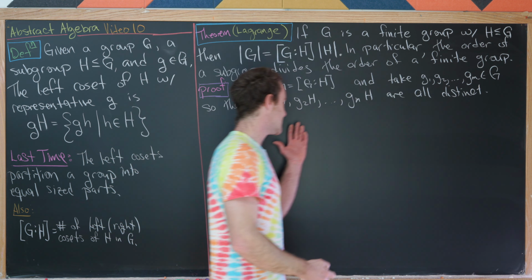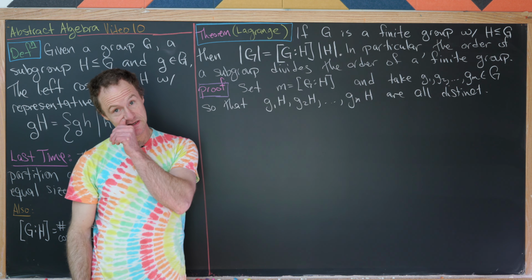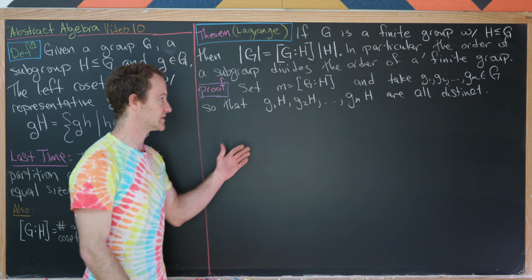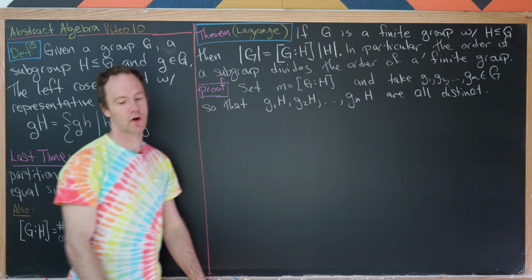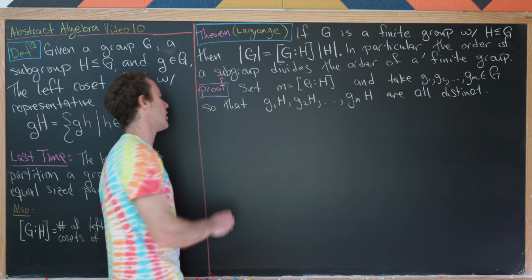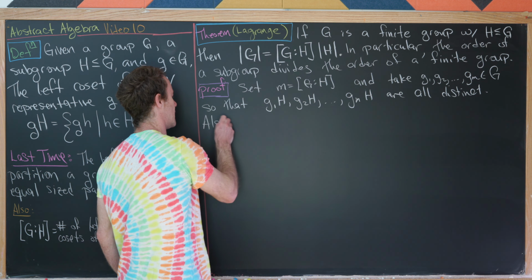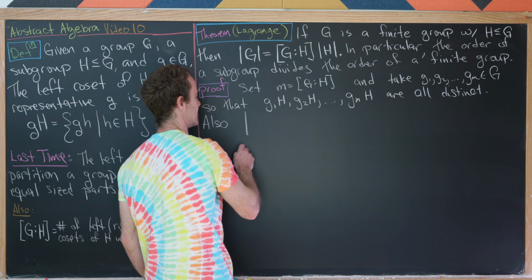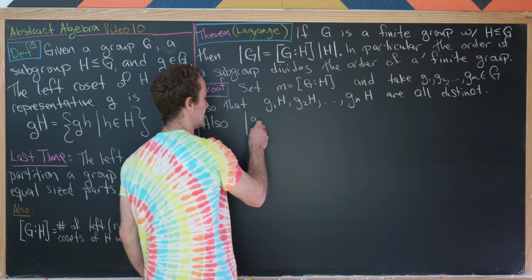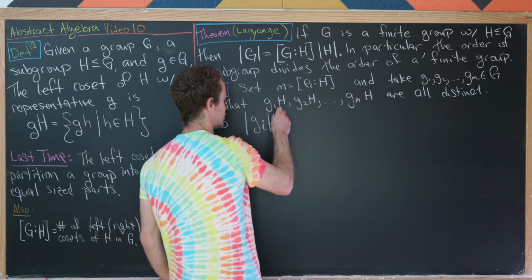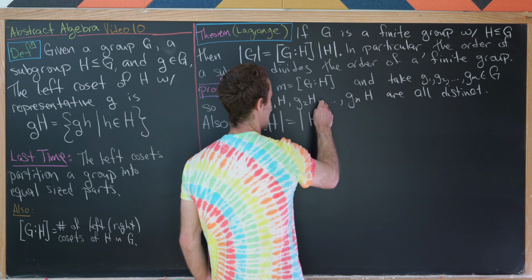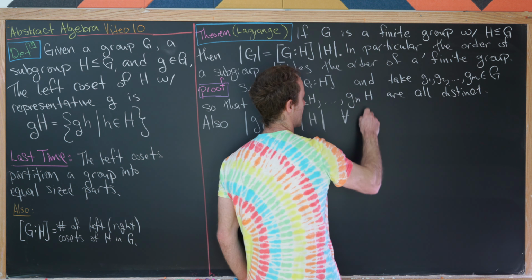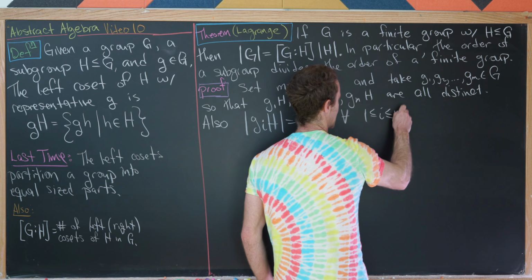What that means is that they are disjoint, and not only are they disjoint, but they union to the whole group. But then also, let's recall the following fact: the order of giH is equal to the order of H, and this is true for all i between 1 and m.